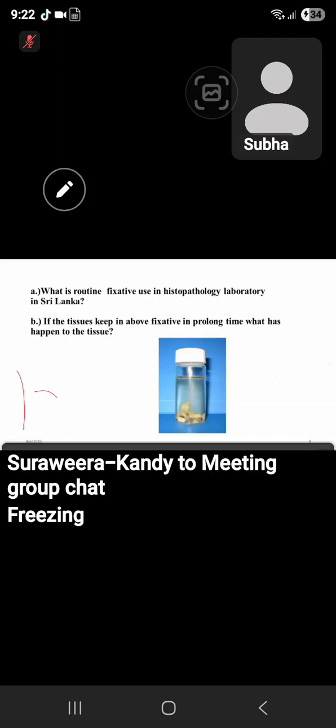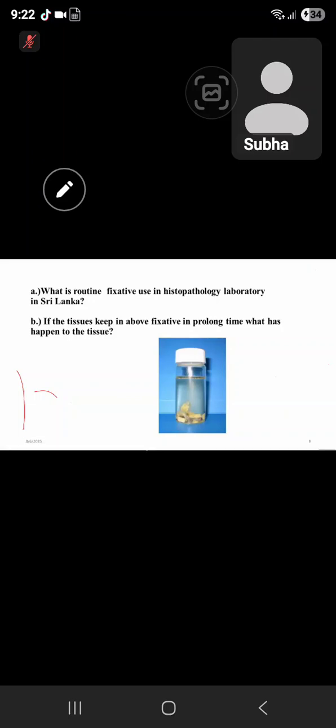Yes, we use frozen specimens for lipid studies, immunofluorescence studies, and enzymes. Because during tissue processing, using chemicals, those substances can be destroyed, right?